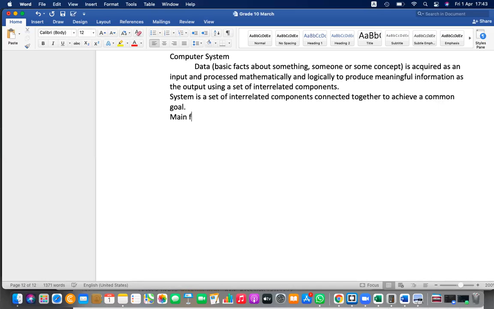The main functionality of the computer system is data processing.